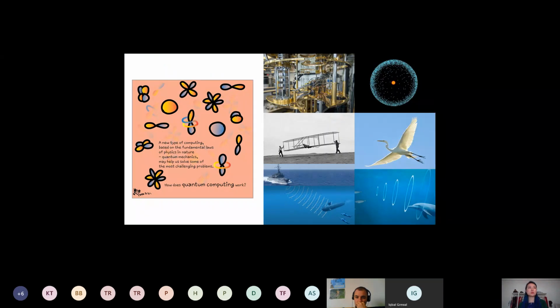And in a way, quantum computing is really biomimicking, like a lot of the other inventions that we created as humans. We are using the fundamental laws of nature to build computers that run algorithms specific to this type of hardware, so that we will be able to solve some of the most challenging problems that our best classical computers still run into problems with.